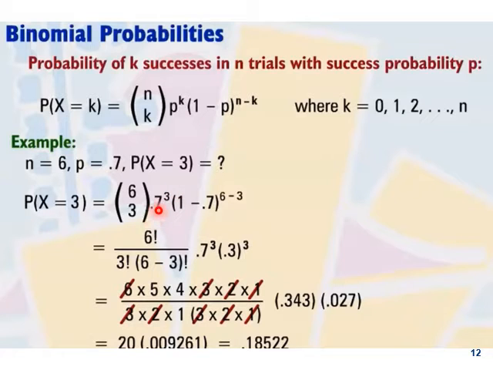Because there are only two outcomes, the other will be 1 minus 0.7, and its power is 6 minus 3, that is 3. So we will get the result, and it will be 0.18522.